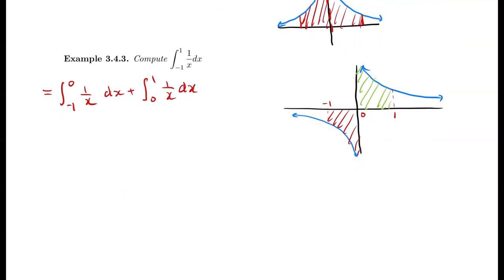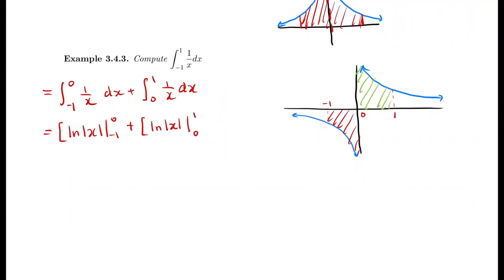Once we evaluate this, it's just going to be the natural log of the absolute value of x evaluated from negative 1 to 0, plus the natural logarithm of the absolute value of x evaluated from 0 to 1.